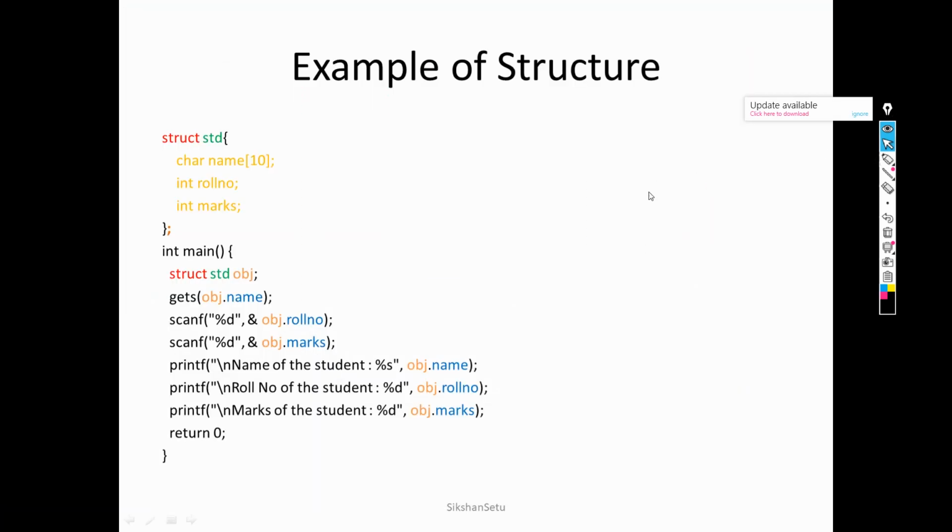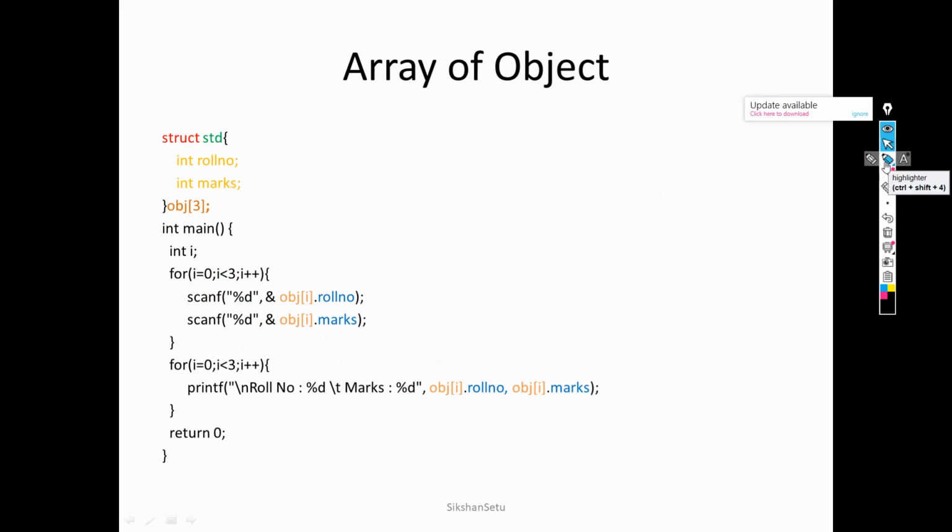Now the next point: in the previous example we have seen that we can have one object of a student structure, which means we can store the result of one student. But if I want to store the result of the full class, then what I need is an array of objects.